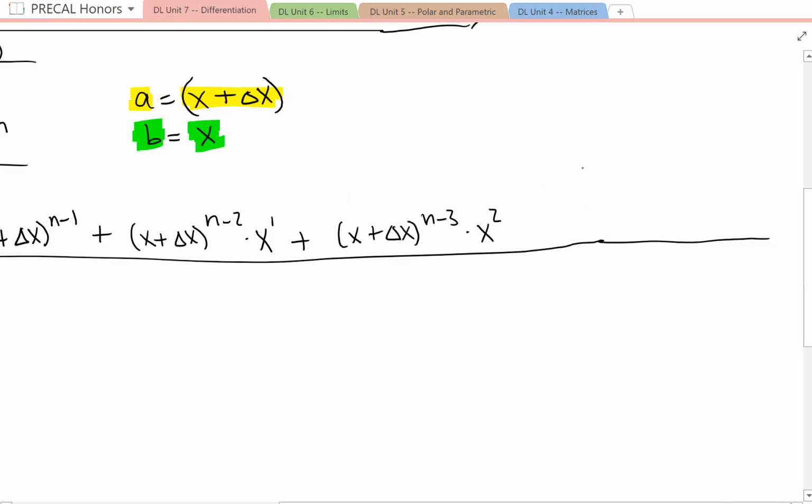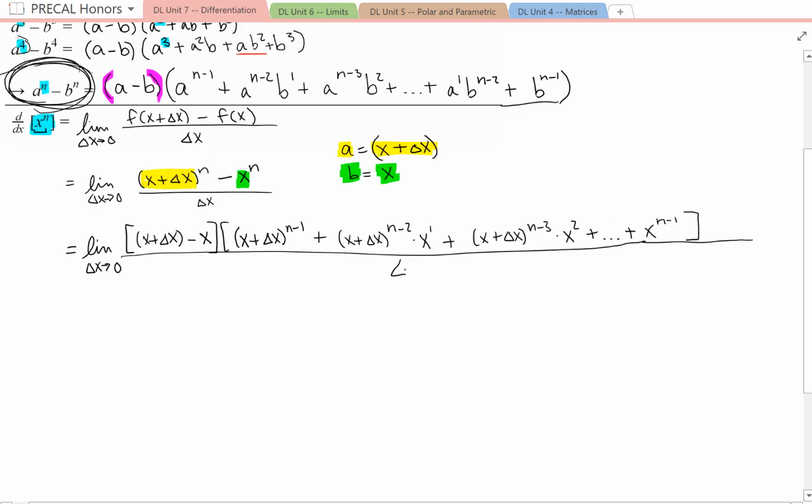Okay, and we don't know how many terms are in between, so we're going to just write plus dot dot dot plus, and I'm just going to write the last term, which is b to the n minus 1, and b is x here, so x to the n minus 1. This is all over delta x. In this first quantity, we actually have x plus delta x minus x.